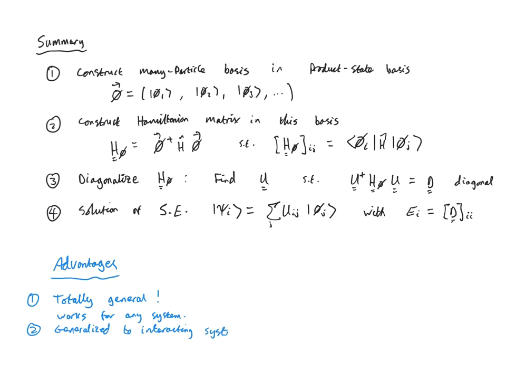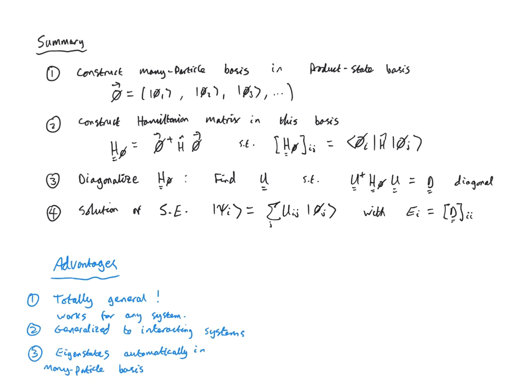In fact, you don't really need to do any generalization, it just works for interacting systems. And I would say a third advantage of this is that we obtain eigenstates that are already in the many-particle basis. So that all seems great.